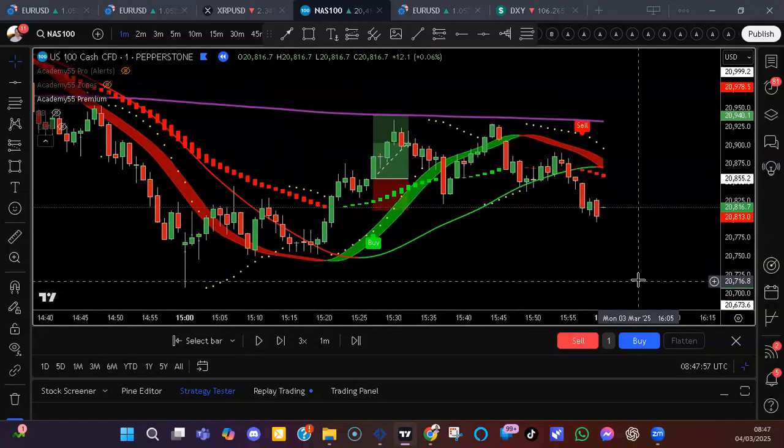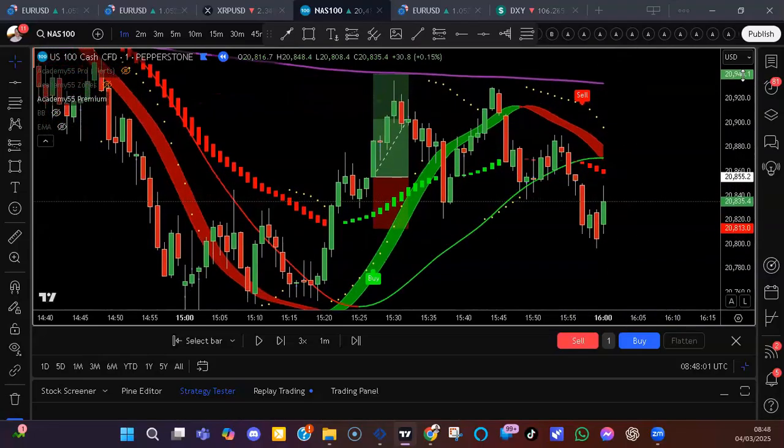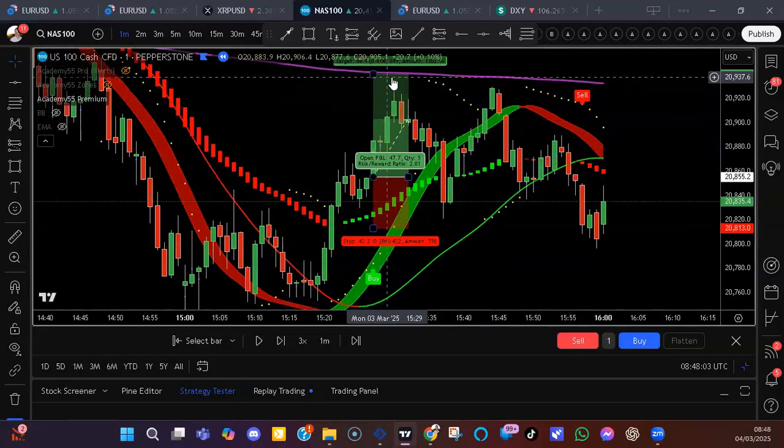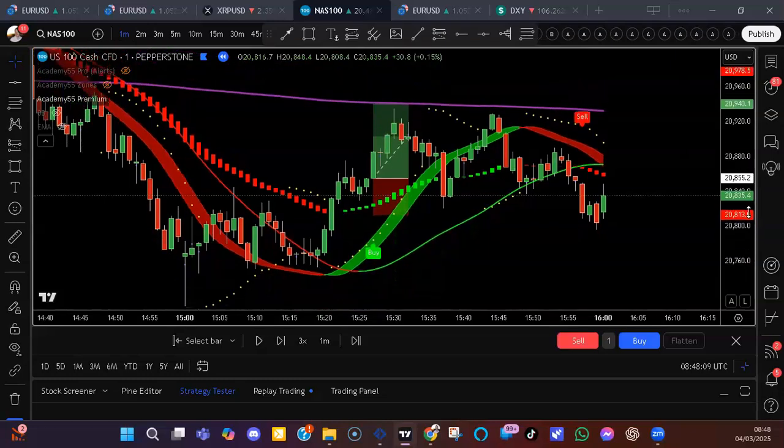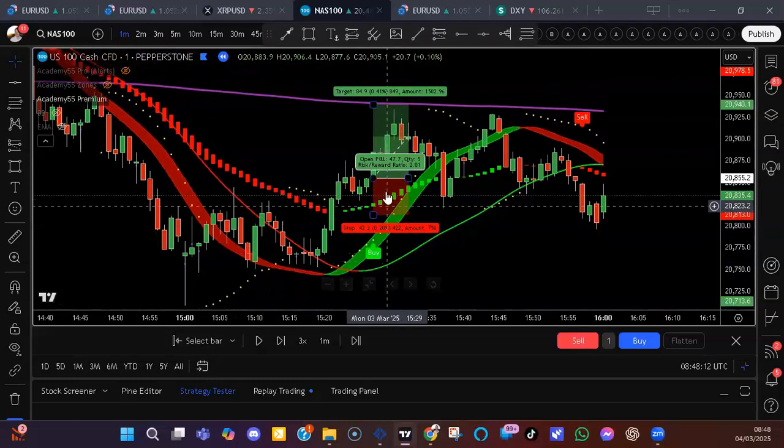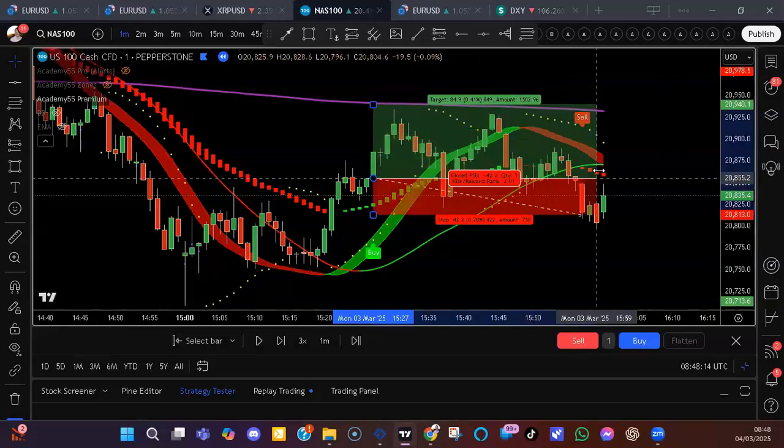Well, we went all the way up to nearly, we would have nearly got in there with the 2%, but unfortunately, ultimately it came down.